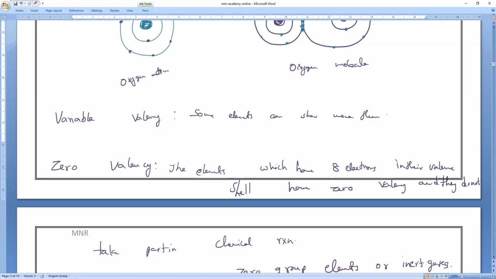Iron is one of the most important examples we will experience. Clear, everyone? So some elements can show more than one valency.